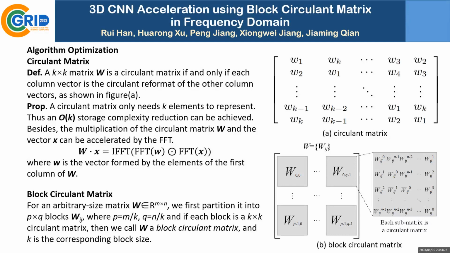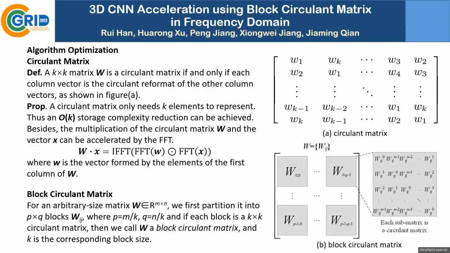Besides, the multiplication of the circulant matrix W and the vector x can be accelerated by FFT, as shown in the equation below, where small w is the vector formed by the elements of the first column of big W.